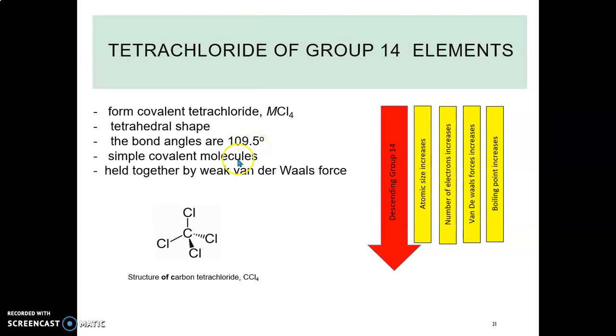The group 14 tetrachlorides exist as simple covalent molecules held together by weak van der Waals forces. Descending group 14, the number of electrons increases. Therefore, the van der Waals forces also increase, and the boiling point increases when descending group 14.